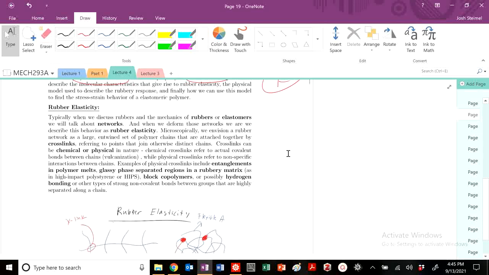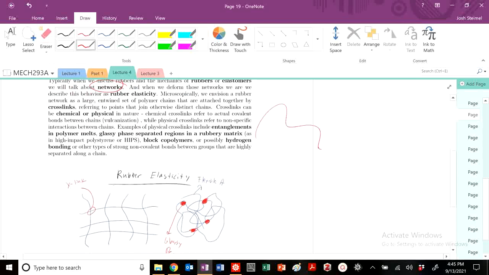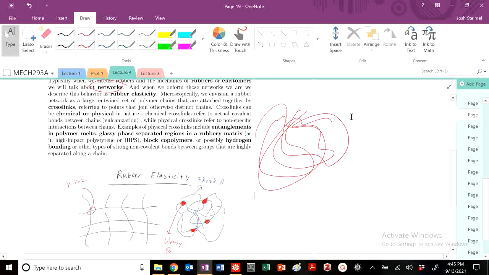So when we're thinking about rubber elasticity, we're going to think about the mechanics of rubber, and this is basically a network. When we think about a rubber or polymer, we typically think of spaghetti. But oftentimes you'll run into polymers where those spaghetti chains occasionally entangle, and they cannot move past one another.